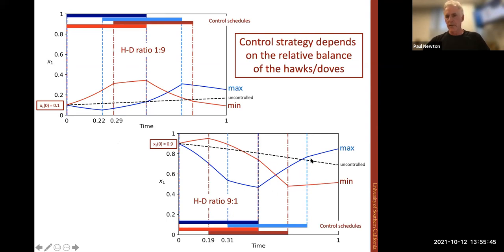But you can still get a maximizer and a minimizer. And the nice thing is these schedules basically then define upper and lower bounds on all possible schedules that control the hawk population. So all schedules would produce a result that would be somewhere between the max and min.